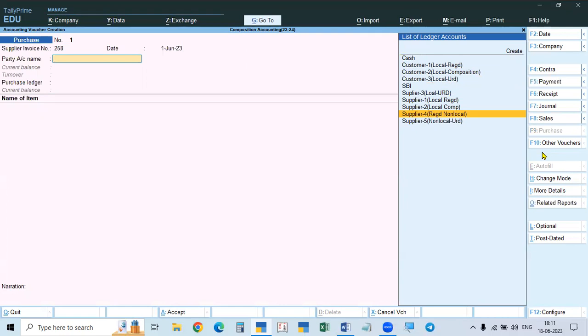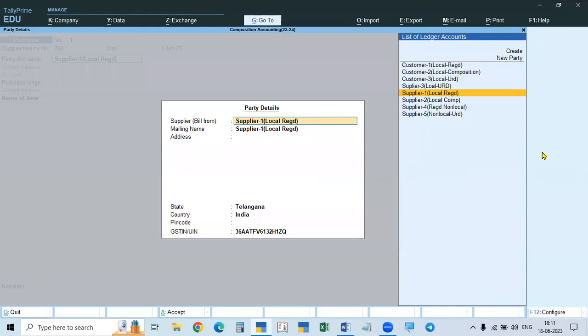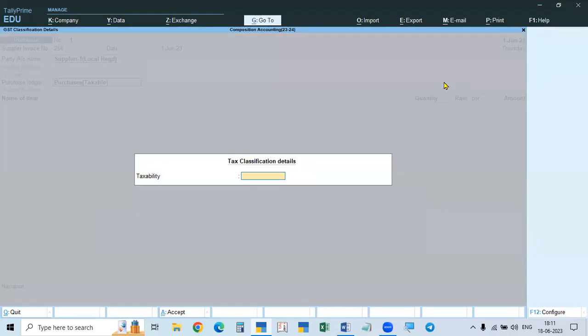So first I am taking this local registered, and purchases. The supplier may be registered or non-registered, but the goods may be taxable or non-taxable. I will take taxable, and here it will ask, because for purchases we are not giving anything elsewhere. That is why here we have to give taxable.